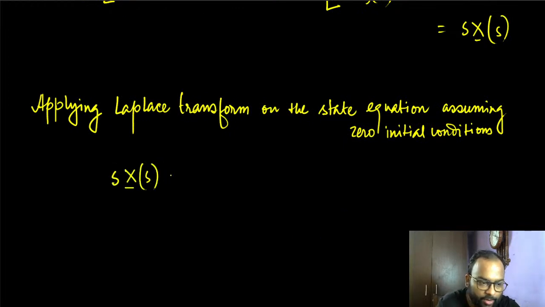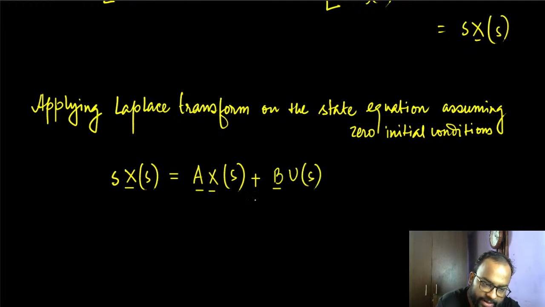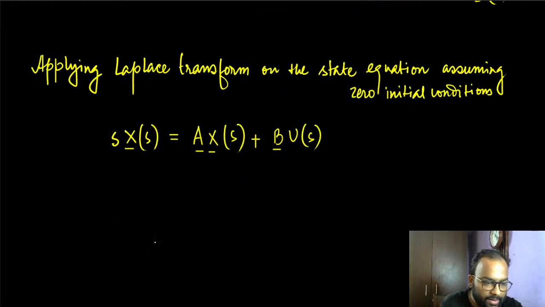Don't worry, we're going to solve a lot of problems with this. Okay, and then that becomes AX(s) plus BU(s). Of course, we are taking the Laplace transform there as well, right? Any problem there? I don't think so, right?